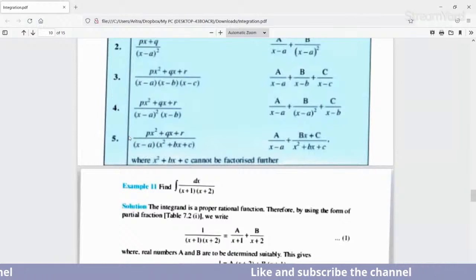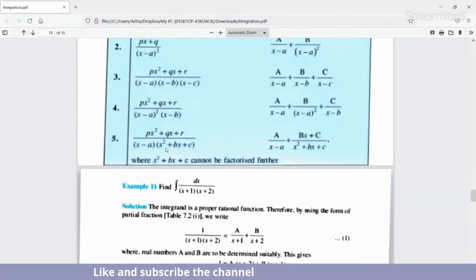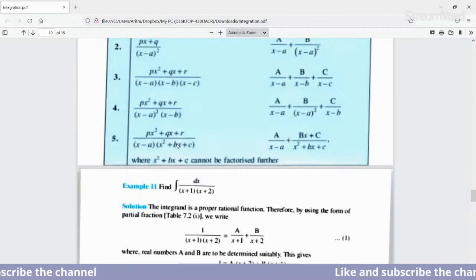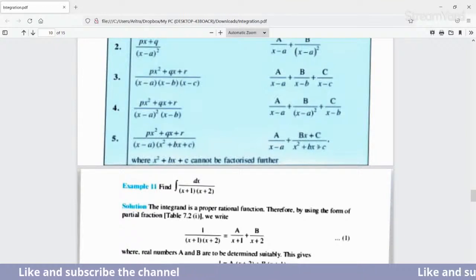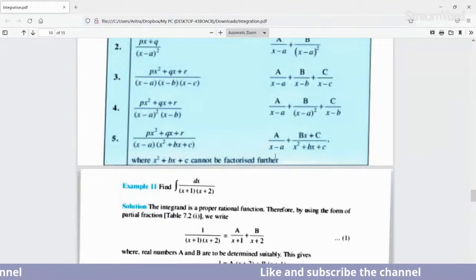Then the fifth form, px square plus qx plus r divided by x minus a into x square plus bx plus c, gives a by x minus a plus (bx plus c) divided by x square plus bx plus c. So let's just try out some sums out of this.